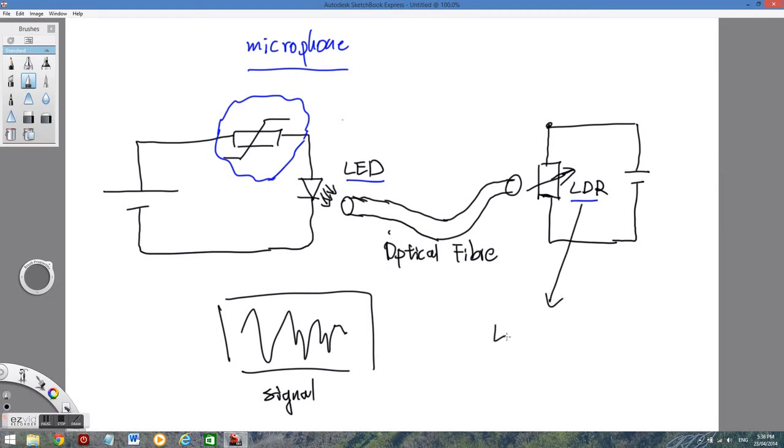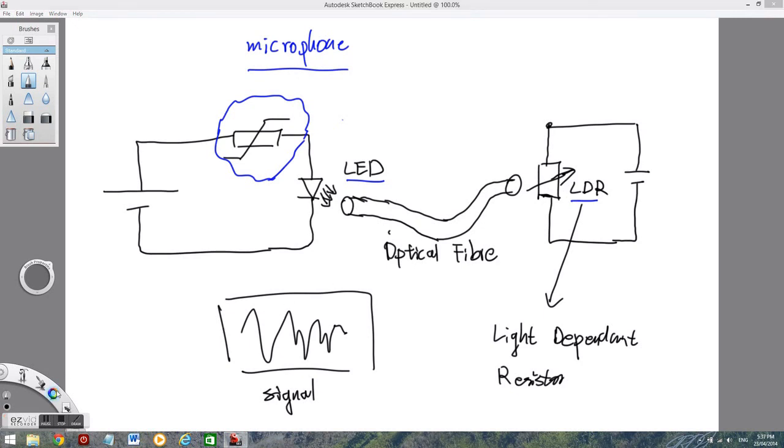This is just a simple design of the whole system. So when the signal travels to the light-dependent resistor, the resistance of the LDR changes.